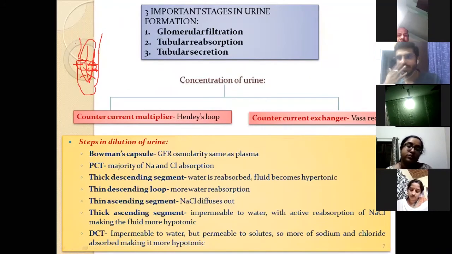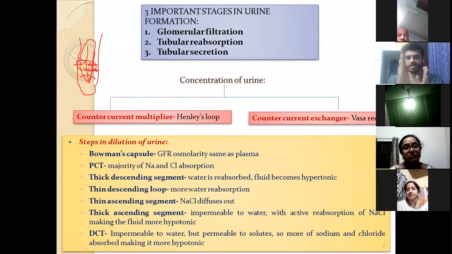That's it. Only that will be asked to you. Why I am telling you all this is so that you don't have to learn it by heart. Now you should have a brief idea as to what is happening. If you know what is happening in that area, then you will know which step is occurring. If hyperosmolarity has to be increased, ions from the tubular structure next to it have to shift into it, isn't it?